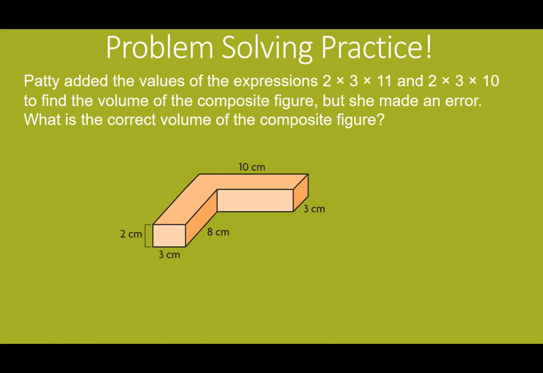Professor Berger solved this problem in his video. Now, I want you to pause this video and find the correct volume of this figure. And then don't forget to press play again so you can check your answer.